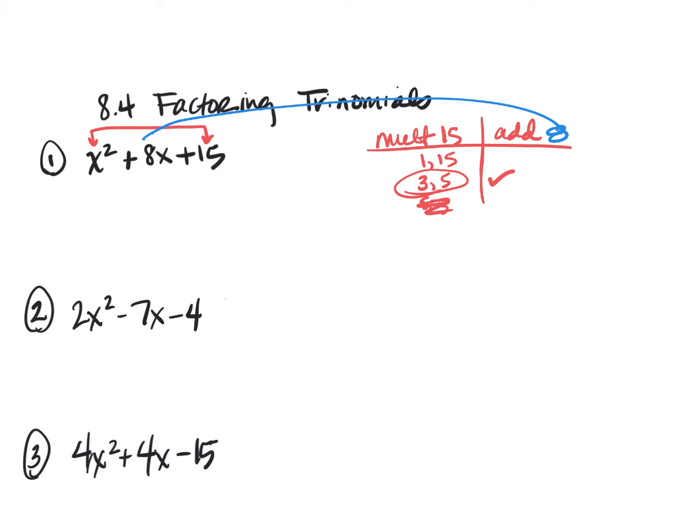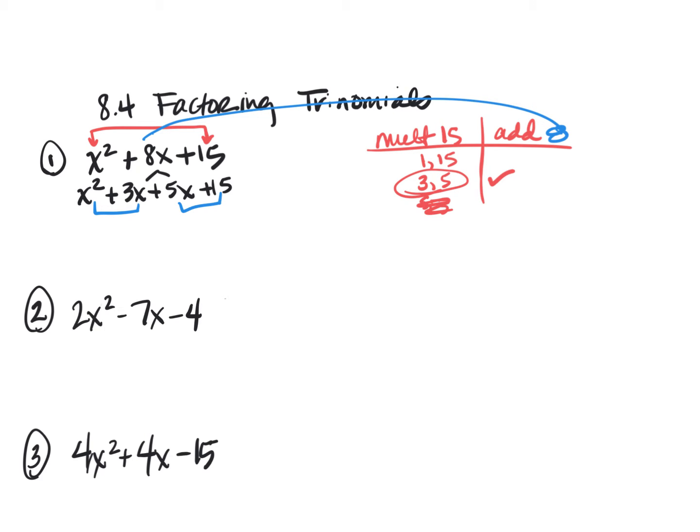So 3 and 5. So now what I'm going to do is rewrite that. I'm going to rewrite that 8x as plus 3x plus 5x. See how I busted that up? Plus 15. Now we're going to group just like we did before, right here and right here.